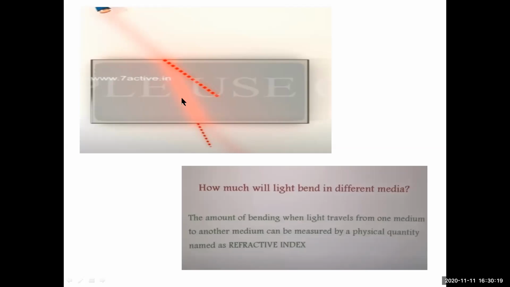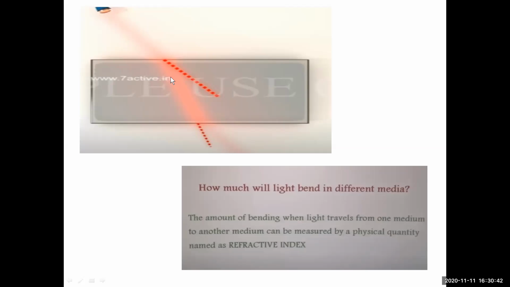Now, when the light is coming from the glass slab to the air medium, then what happens? Then also there is a change in the direction. You are seeing that the light has to come like this, but it appears to be coming like this, isn't it, students? Now there is a change in the direction and also a change in the speed.